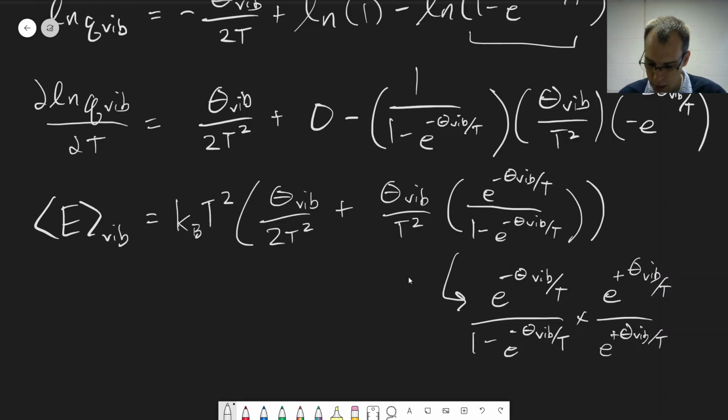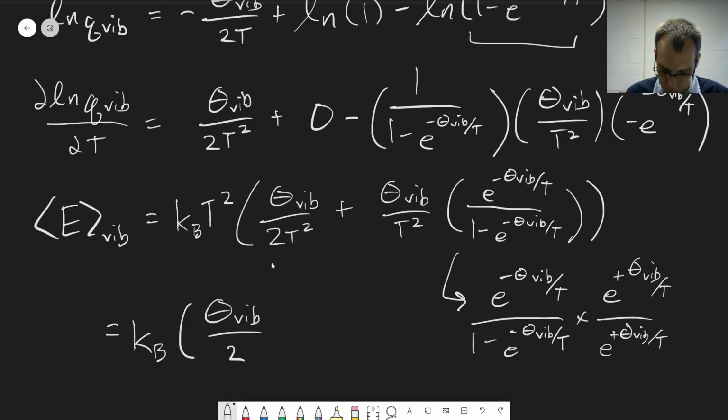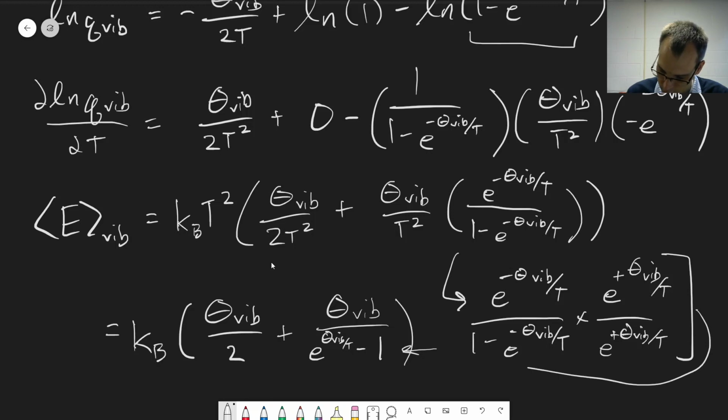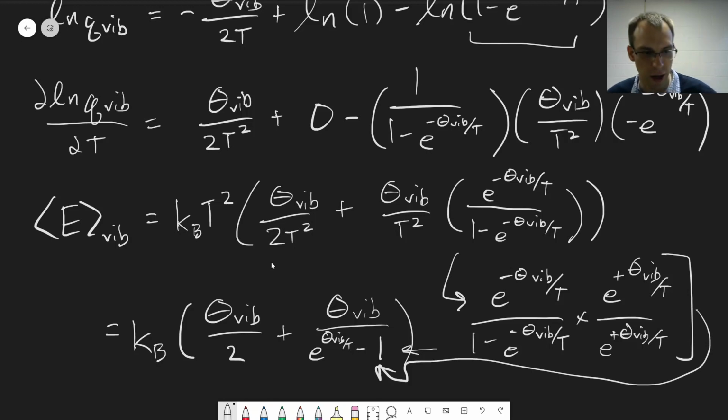It gets us to the next version of the equation, where we have kB times theta vib over 2 plus theta vib, the T squareds cancel again, times 1 over e to the positive theta vib over T minus 1. That simplification comes from this down here, which leads to just this in the denominator.